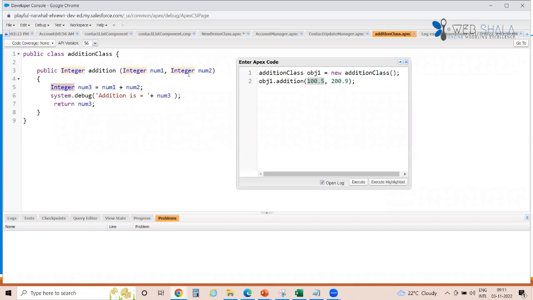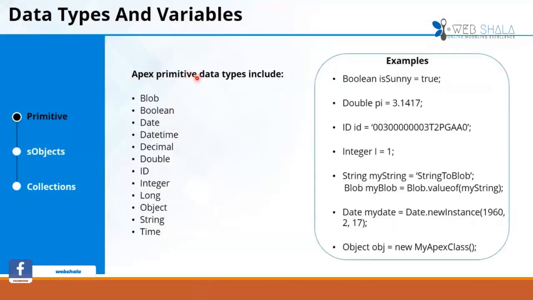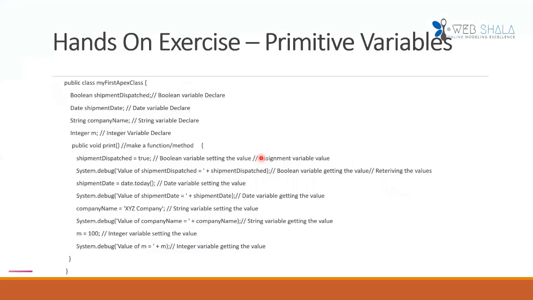So you need to always check what data type you are using, what kind of value from your database is coming, and what variable you are taking here. All right, clear to everyone what the primitive data types are? Yes, okay. Then I'll go to some hands-on exercise.